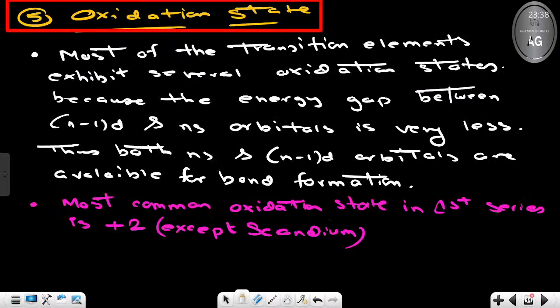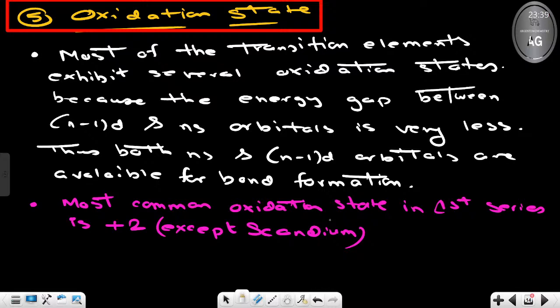Oxidation state. Oxidation state is an important part because small questions come from here. Let us read. Most of the transition elements exhibit several oxidation states, because if you look at transition elements, actinoids or lanthanoids, you will see a variety of oxidation states available: +2, +3, +4, +5, +6, all types. Why?